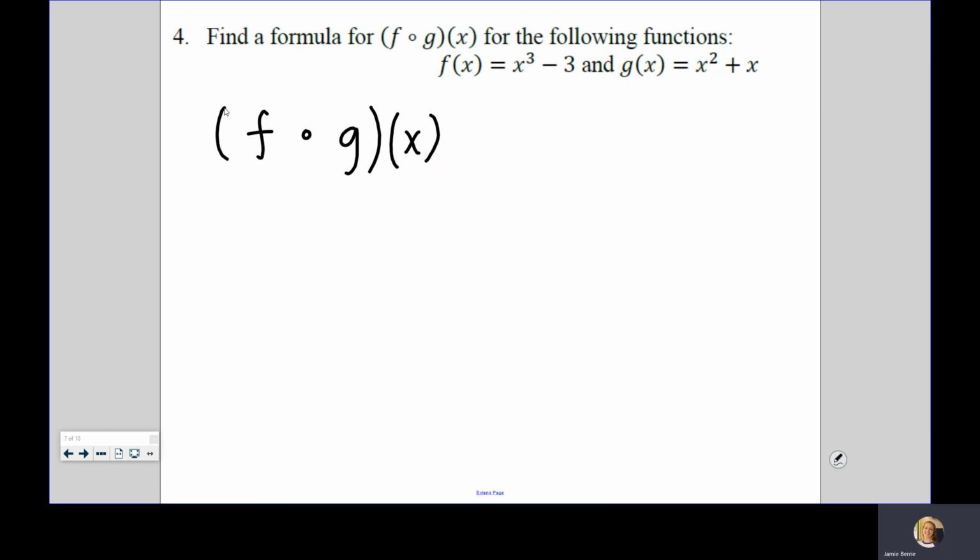All right, so f composed with g of x. The rule told us that this is equal to f of g of x. You will always start on the inside on these problems.